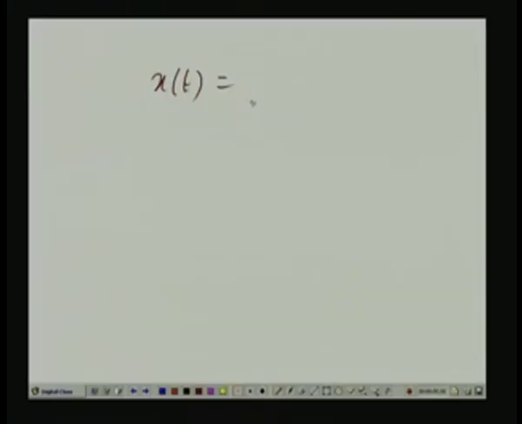But suppose I give you a signal, a process like this: x(t) is say A cos(omega t plus phi). I have omitted the variable s here; it is quite implicit. Here A and phi, that is amplitude and phase, suppose they are random variables.